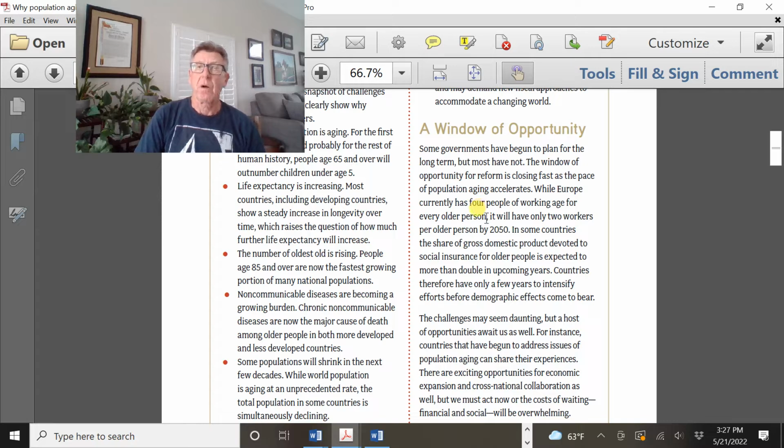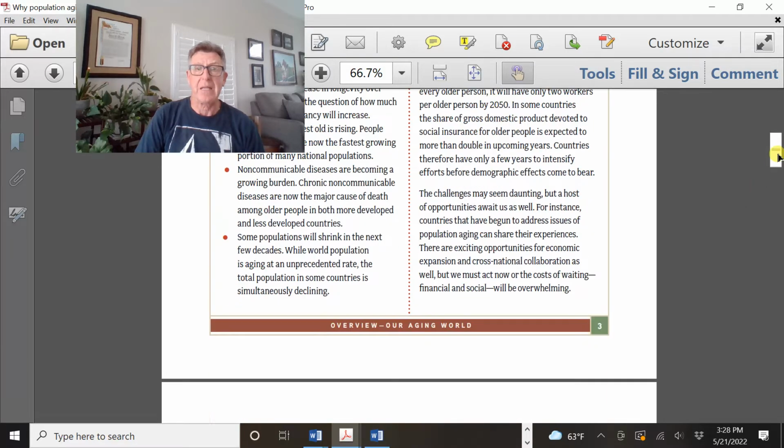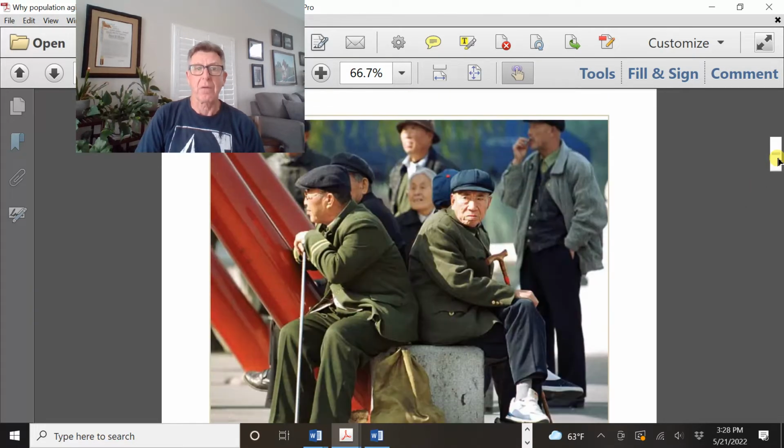Well, guess what happens? More and more older people, fewer children. Pretty soon by 2050, there are only going to be 2 workers paying into that same pension. You do the math. That means we're going to have to double the tax rate on those people that are paying into that same pension system. So there's got to be some solutions. These are big challenges.